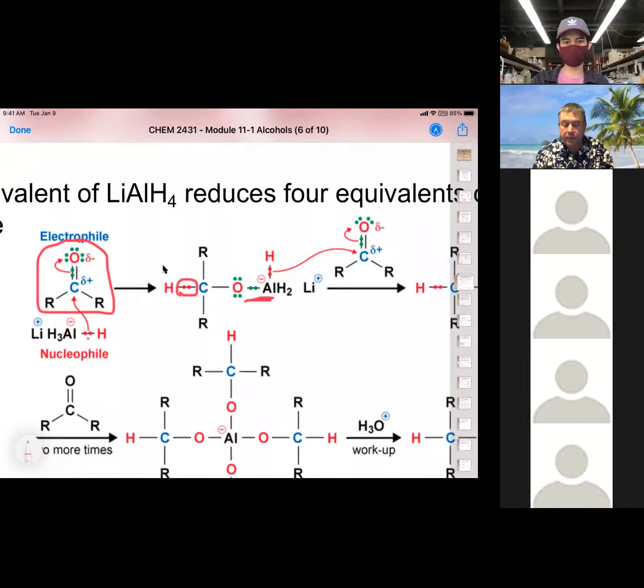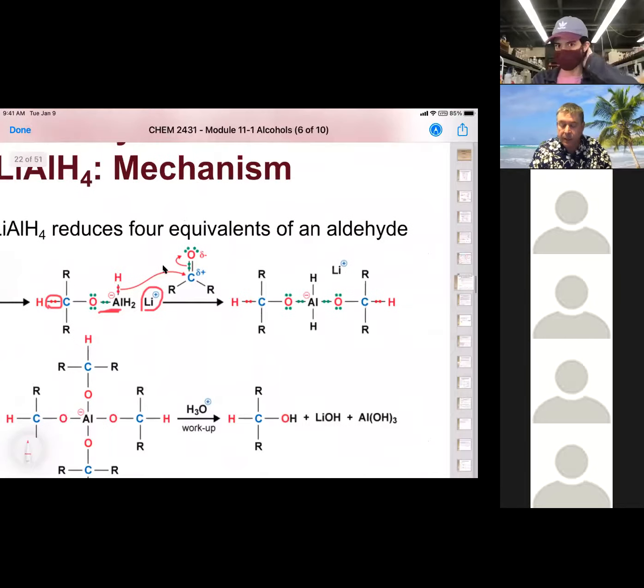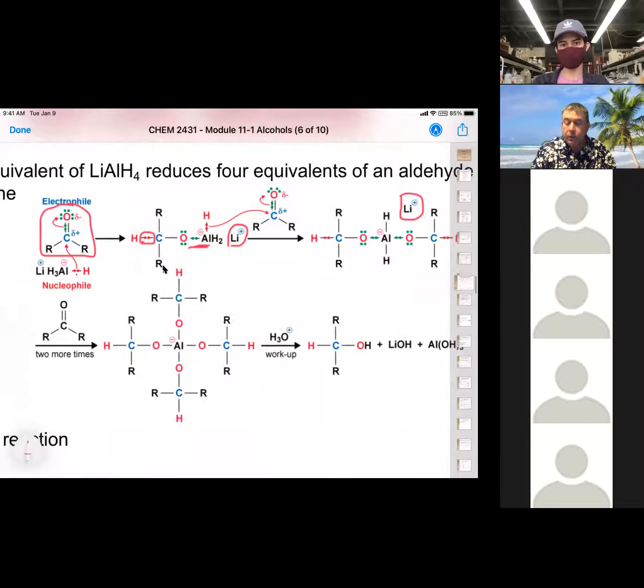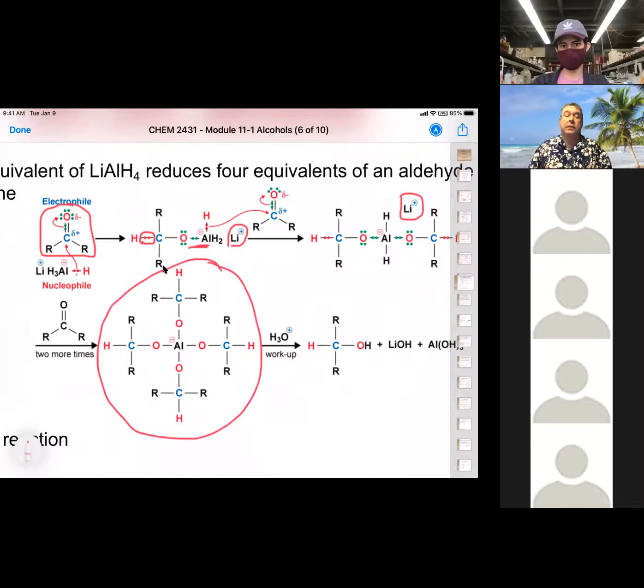And so it's counterbalanced with our lithium. Now, there's still 3 more hydrides. And so that reaction progresses and gives you the second one on there. So now you have 2 alkoxides bound to the aluminum, counterbalanced by lithium, but you still have 2 hydrides. So the reaction keeps going and going and going until you have all of those hydrides reacted, and you have this aluminum complex with 4 alkoxides on it.